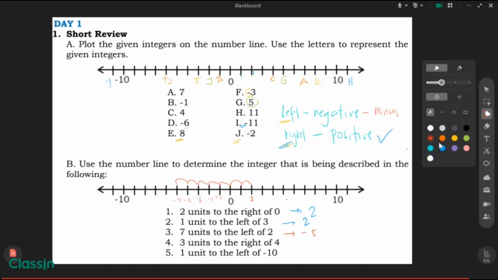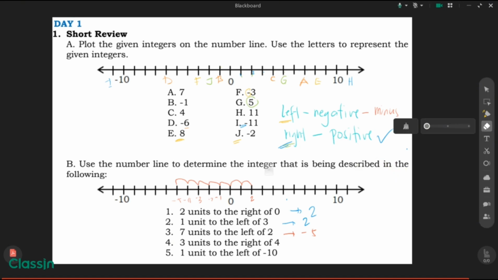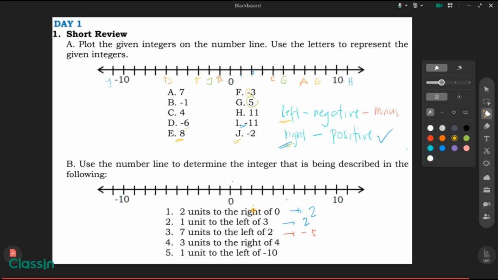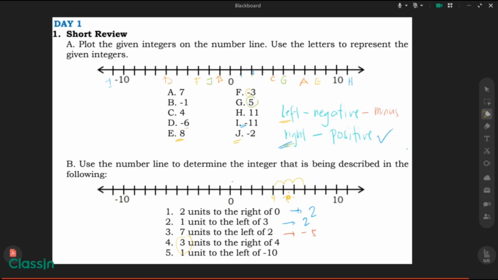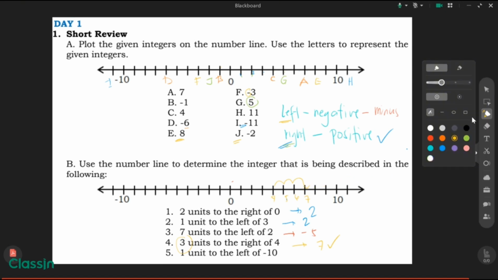Next, number 4. 3 units to the right of 4. So 1, 2, 3, 4. 4 is in here. And it says that you need to move 3 units. So 1, 2, 3, 5, 6, 7. So the answer is 7. Good. Now, what about the last number?